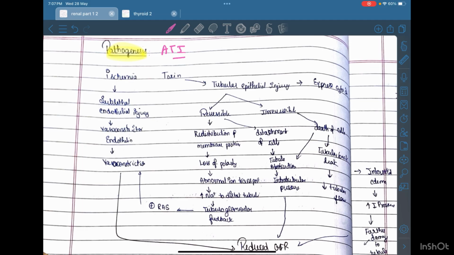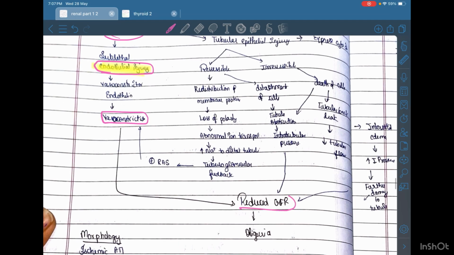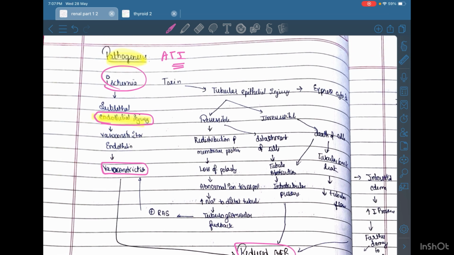How will it get injured? Whenever there is ischemia, this leads to sublethal endothelial injury. The endothelium will release endothelin whenever there is injury. This endothelin causes vasoconstriction. Vasoconstriction reduces GFR, causing oliguria. So this is ischemia, basically an involvement of endothelial injury.